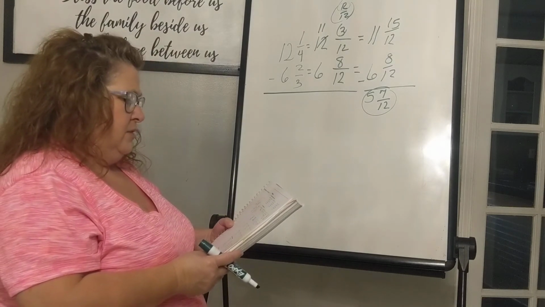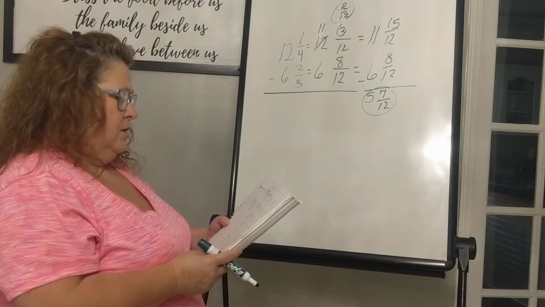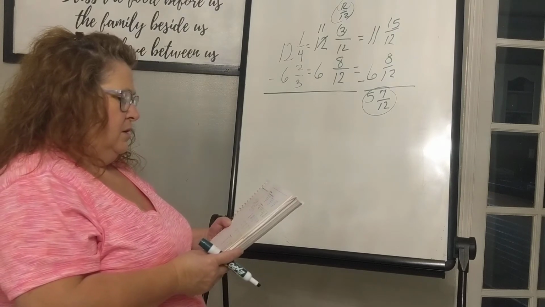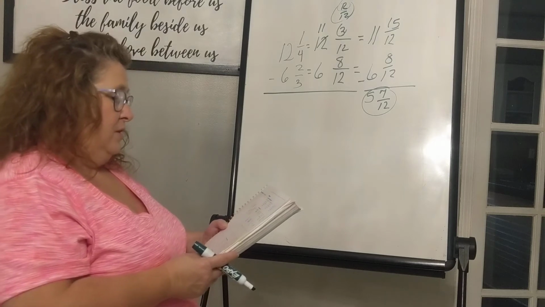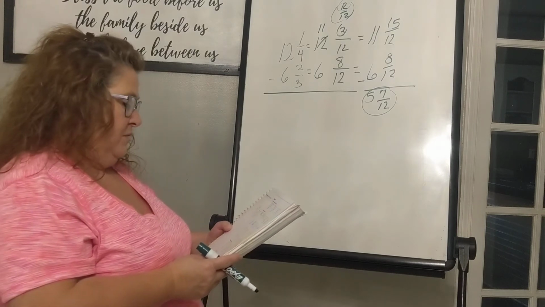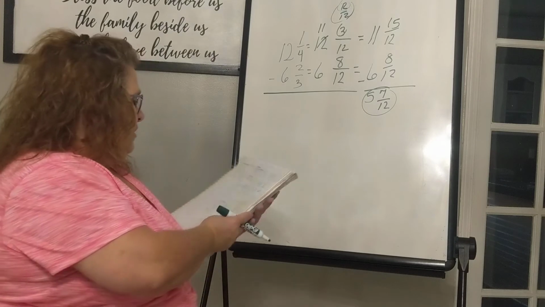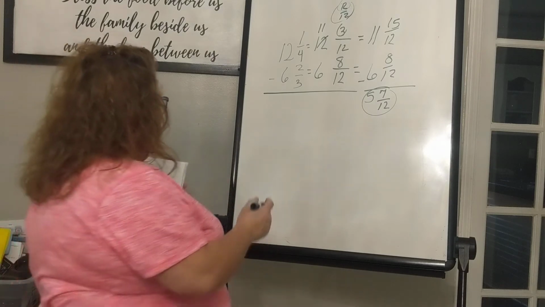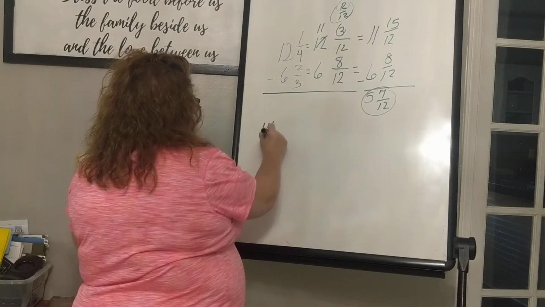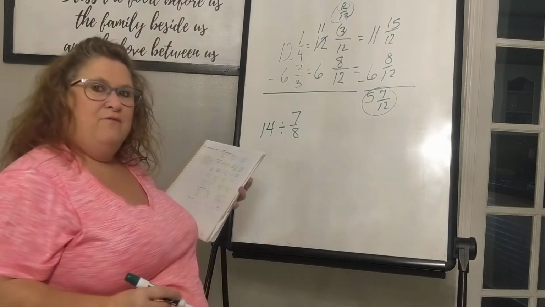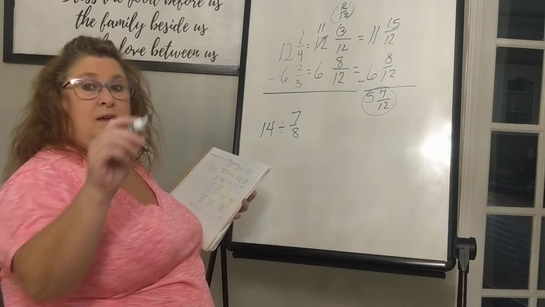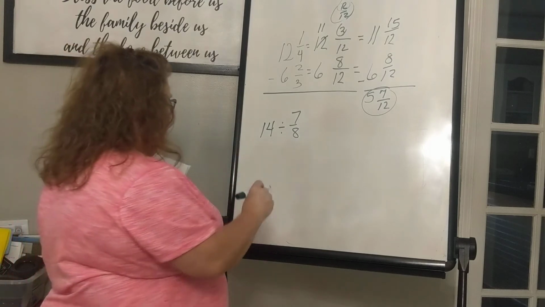Look at letter C, which is just adding. You do have to reduce that fraction in your answer though. Go ahead and look at letter K. We have 14 divided by 7/8. When we divide by a fraction, change our sign, change and flip, change and flip.